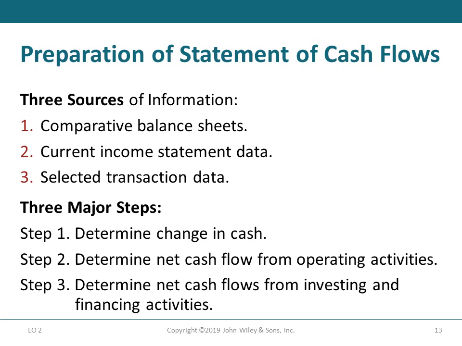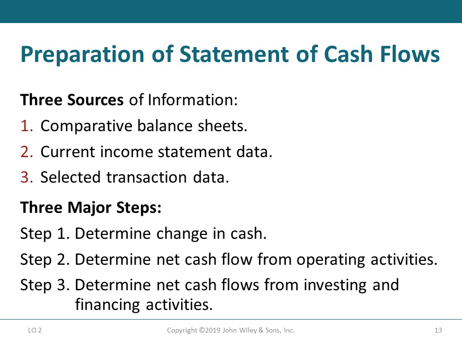The income statement helps you to determine the amount of cash provided by or used by operations during the period. Third source is selected transaction data, which provide additional detailed information needed to determine how the company provided or used cash during the period.